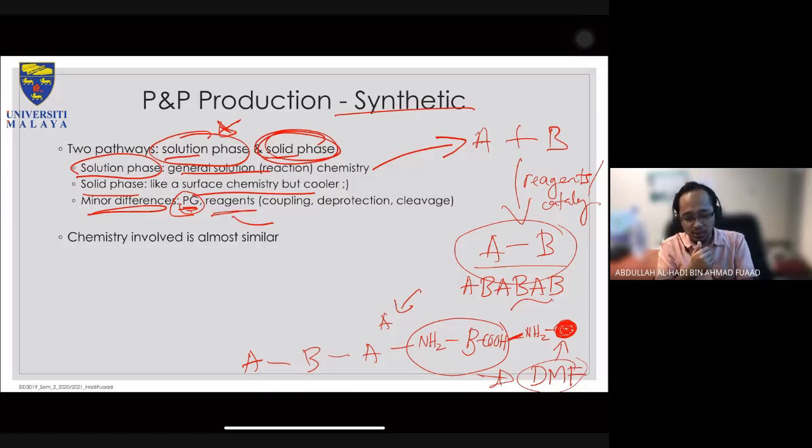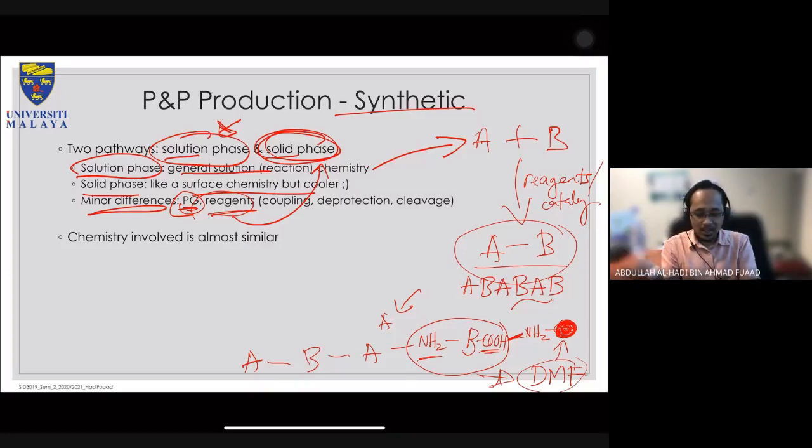So the reagents that were produced initially are compatible only in organic solvent, and they are not compatible in aqueous, because as you probably notice, you have a lot of functional groups that are very easily hydrolyzed in water. Okay, so that's why the reagents need to be changed. So if you have a reagent that can be used in a solid phase, you cannot use the same reagent for a solution phase synthesis.